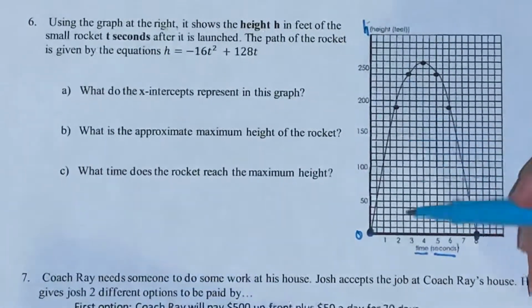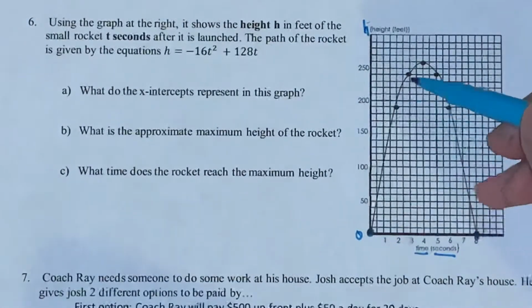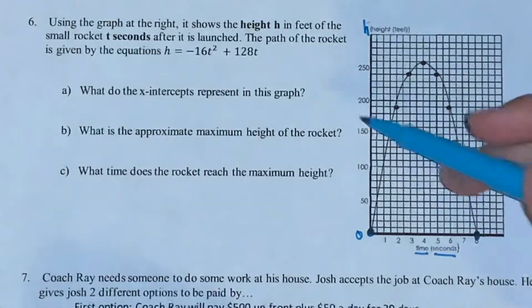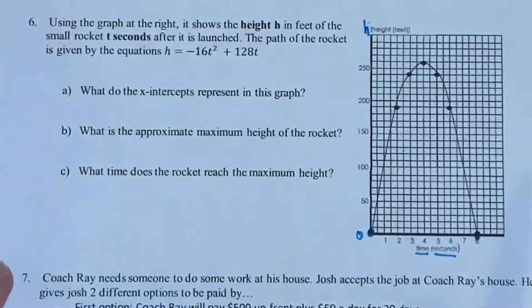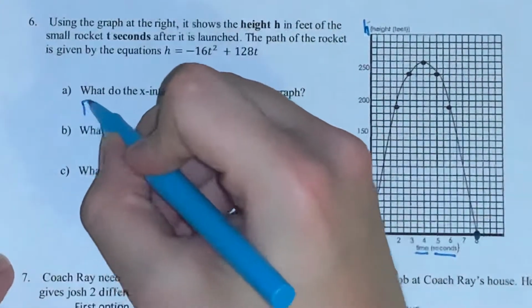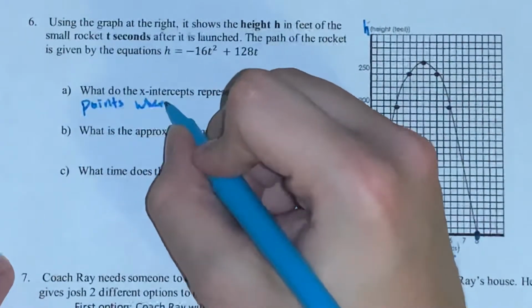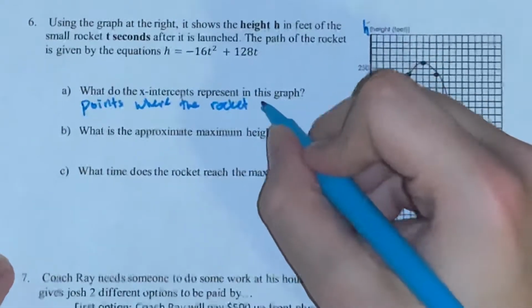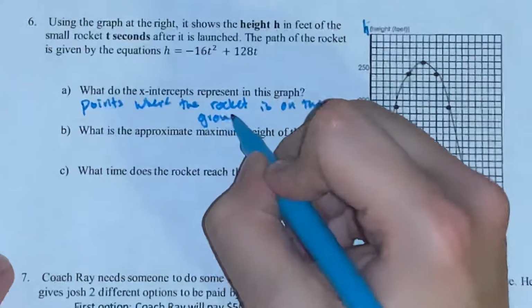So the x-intercepts represent the times in which the rocket is on the ground. It starts on the ground, shoots up into the sky, comes back down, and hits the ground again. So the x-intercepts are the points where the rocket is on the ground.